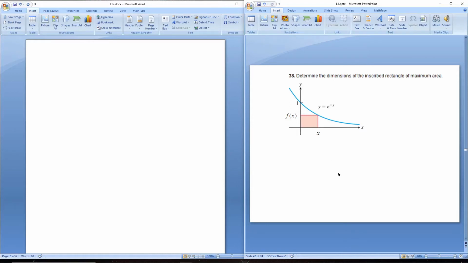And we know the area of a rectangle, length times width. And in this case, that's going to be x times the function. And they give us the function. It's e to the minus x. So here is our area for the rectangle in terms of one variable. And so that's what we need to maximize.